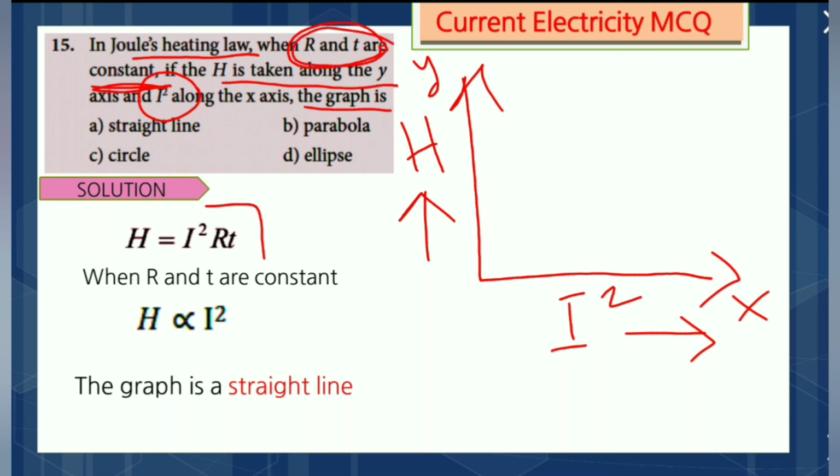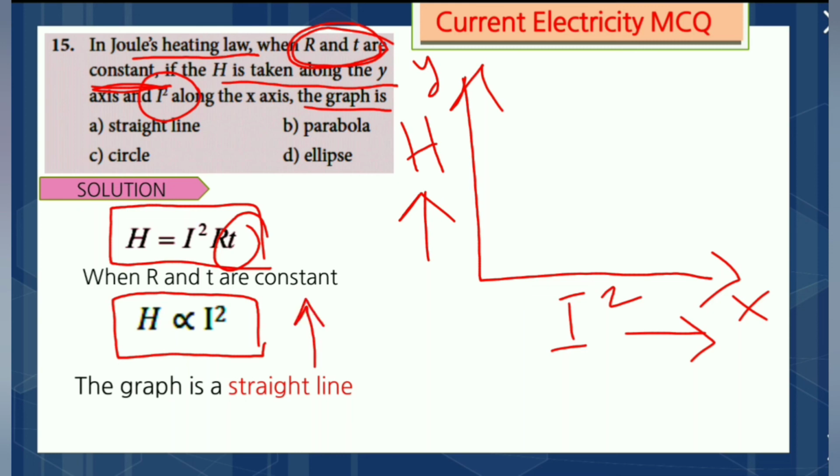So let us consider Joule's law of heating. H is equal to I squared RT. If R and T are constant, the amount of heat produced is directly proportional to I squared, the square of the current. If H increases, the square of the current also increases.